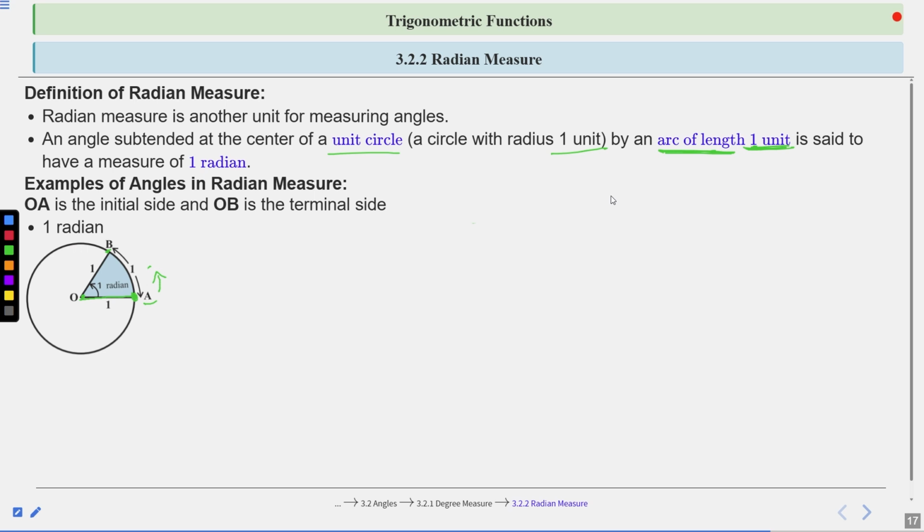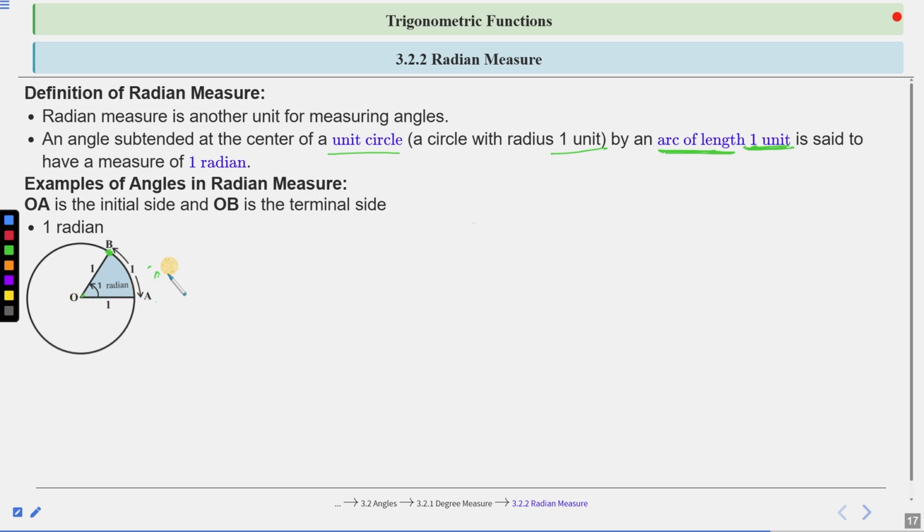I hope these terms are clear. So the unit is centimeter, meter, kilometer, whatever. You moved and reached this point B after moving 1 unit, 1 meter, 1 kilometer, whatever your unit is.